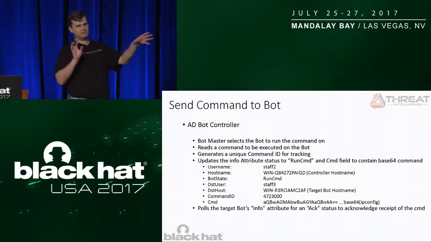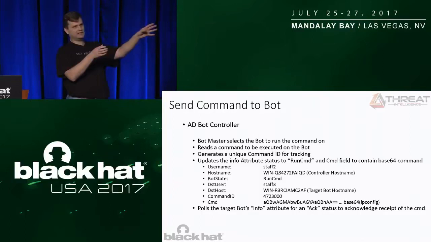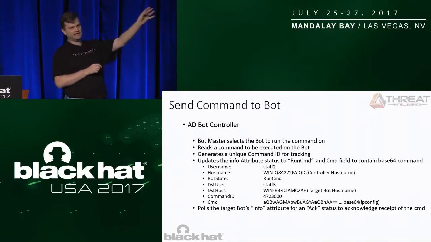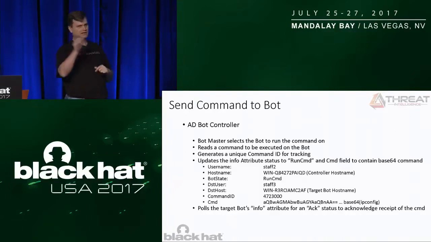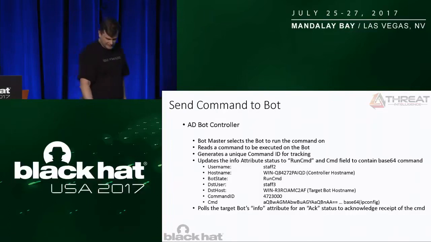Each of the other nodes will be polling AD, looking for commands directed towards them. If it sees within somebody else's info attribute that they want it to run a command, it will grab the command from that attribute, run it, and then send the command output to that node. So that's basically what happens.